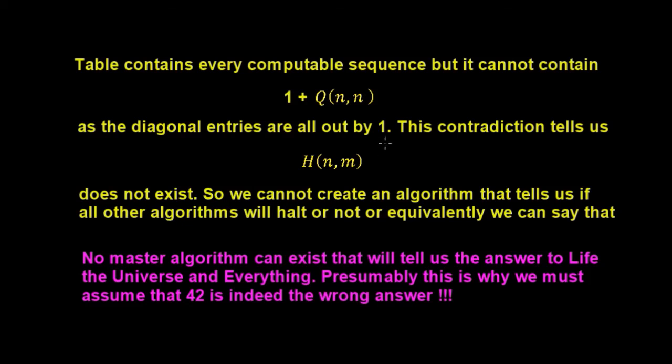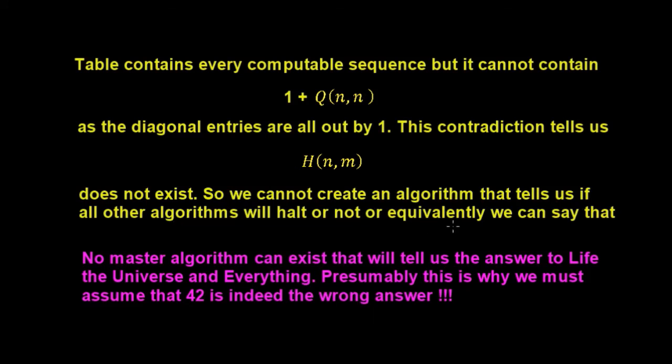So this is a contradiction, and it's actually telling us that this machine H n,m, which is the halting machine, cannot exist. It does not exist. So what it's really saying is that we cannot create an algorithm that tells us if all the other algorithms will halt or not.